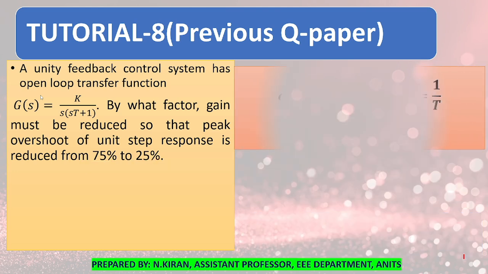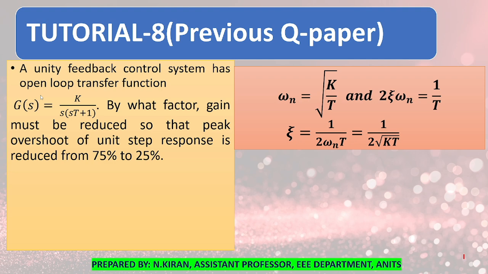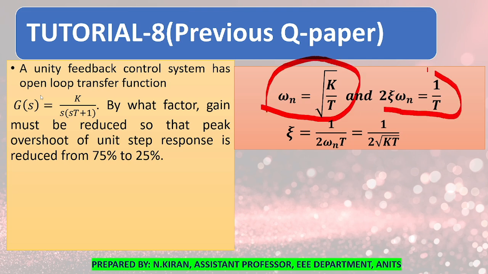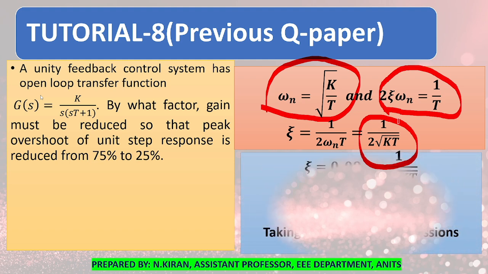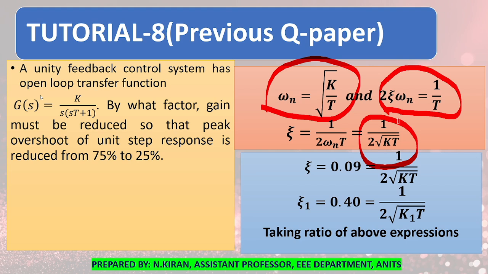Okay. So next, we already know that omega n is root over K by T and 2 zeta omega n is nothing but 1 by T. So from that, I can express zeta in terms of K and T as 1 by 2 into root over KT. Let us take both the cases.